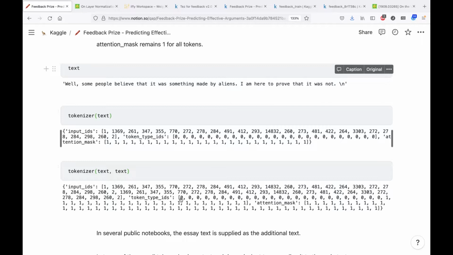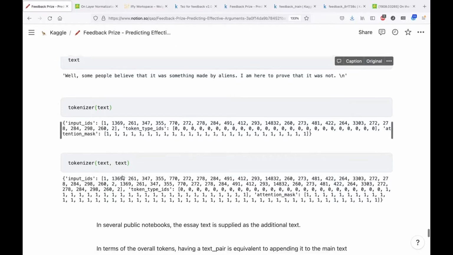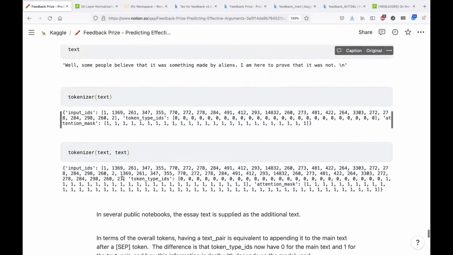The main text will have a type ID of 0, whereas the extra text that you supplied will have token type ID equal to 1. And I think this is what separates the main text from the extra text.